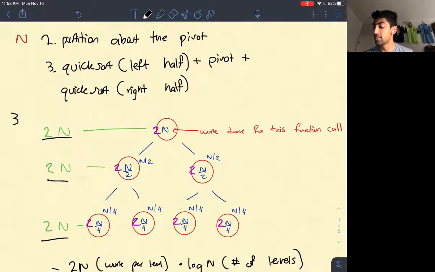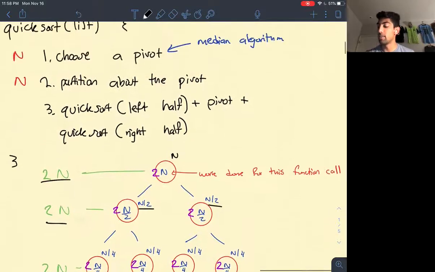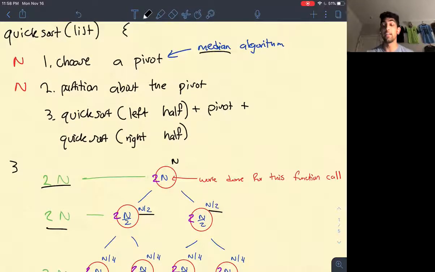When the input size is n, we do 2n work for that call, and then we have a branch with 2 more recursive calls. Each recursive call is of input size n over 2, because when the median is the pivot, we equally partition all of the elements about the pivot. Quick example: suppose we have the following array, and we choose 3 as our pivot.